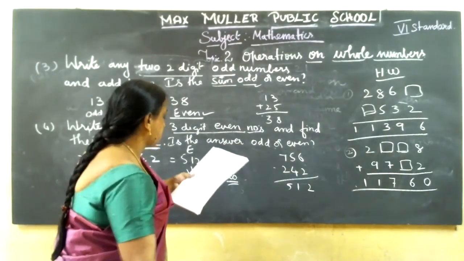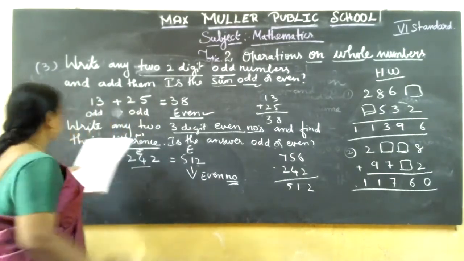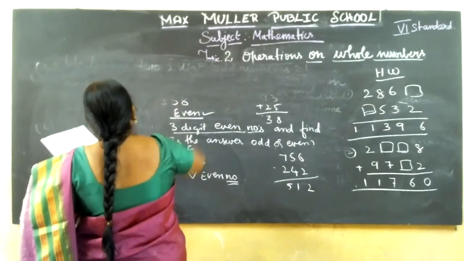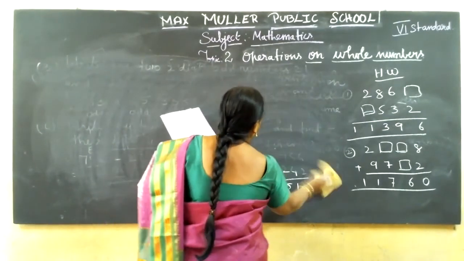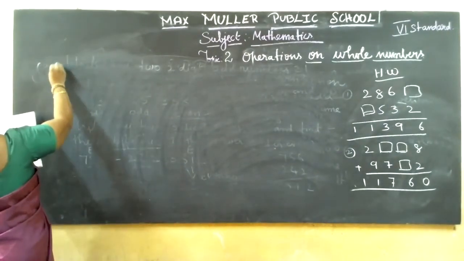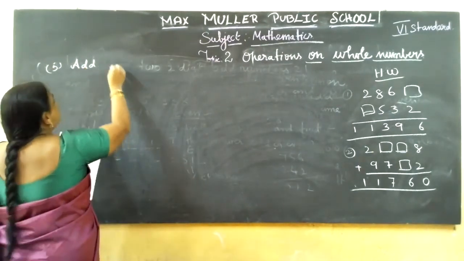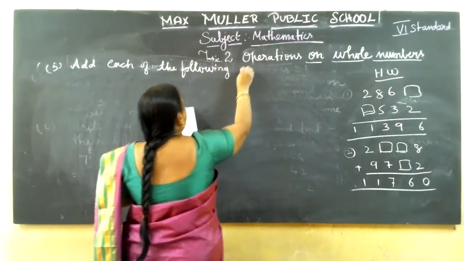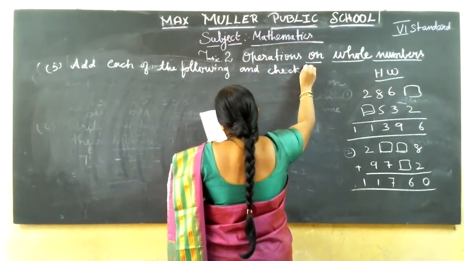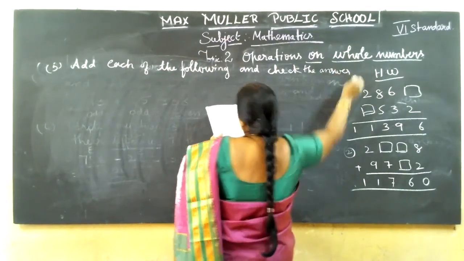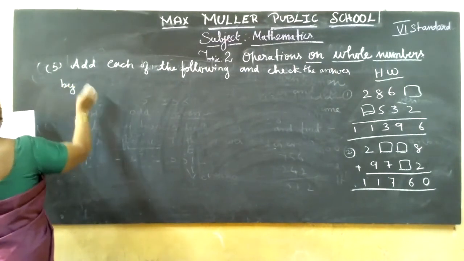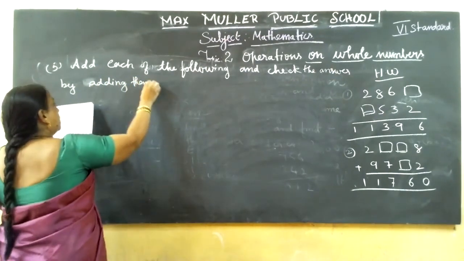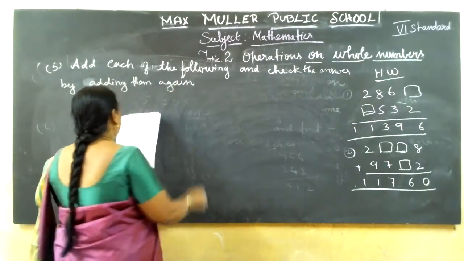Question number 5. Fifth one: add each of the following and check your answer by adding them again in different order.